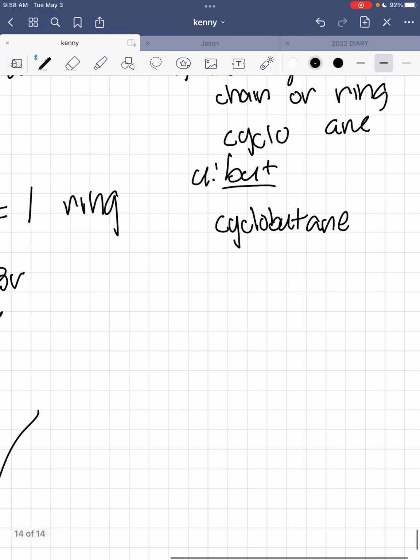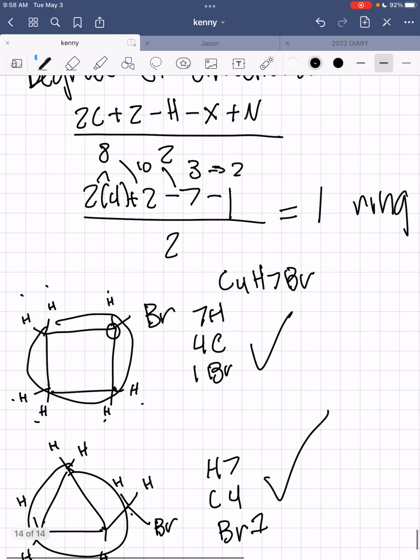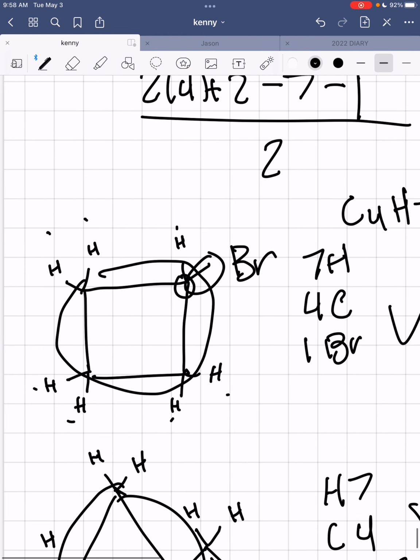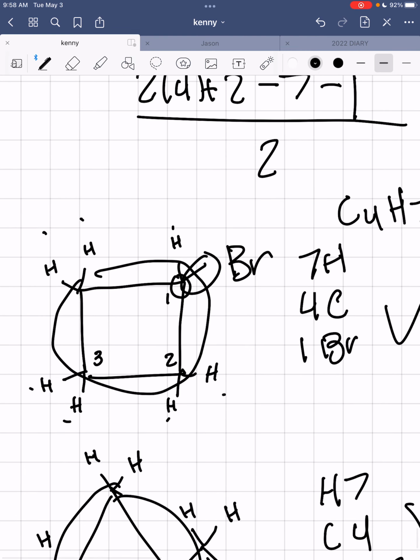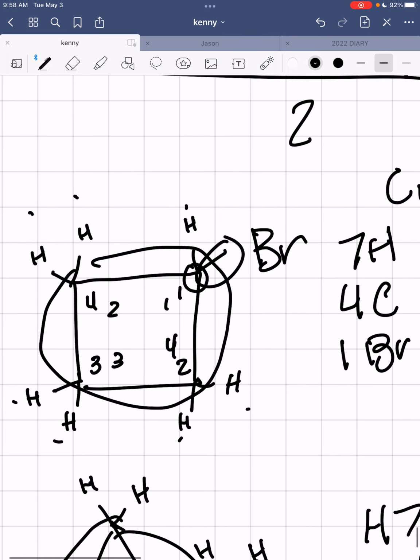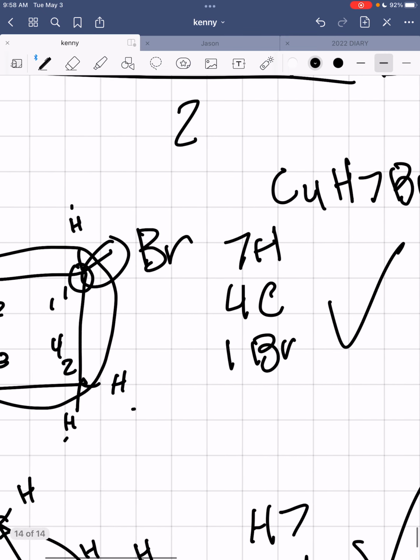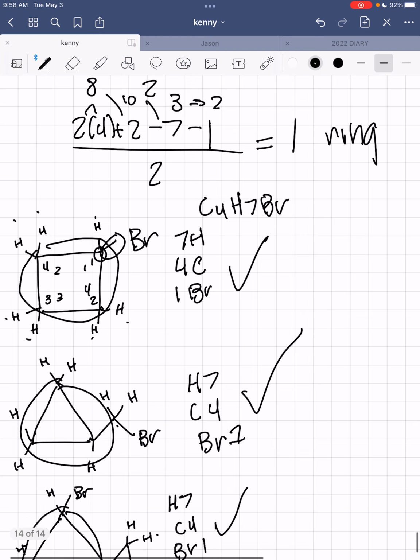And the parent name goes at the end, so now we just need to add the substituent. We should number it. Make sure you go counterclockwise to see if it makes a difference. And always start numbering at the first substituent, so does it make a difference?